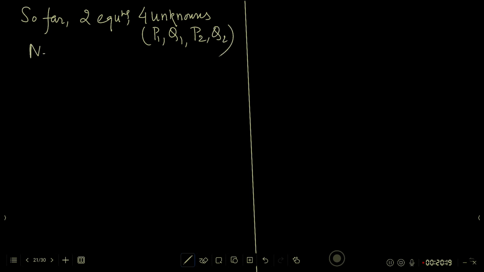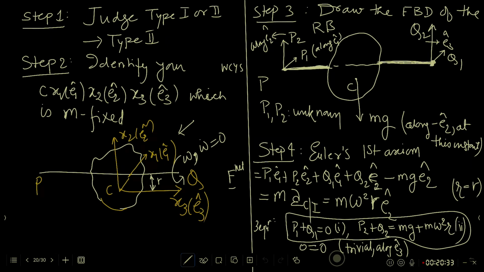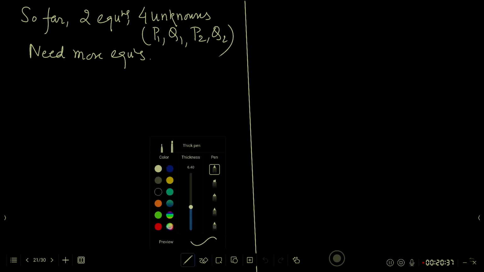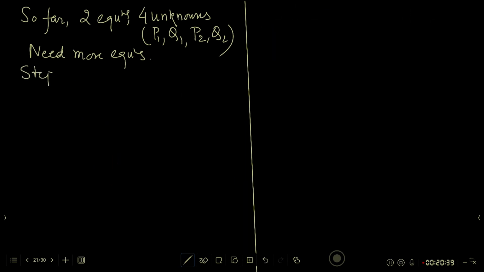Need more equations. Where do I get those additional equations from? Euler's second axiom, and that's what I do in step 5 anyway while solving these problems. So I am on my way to get the new equations.